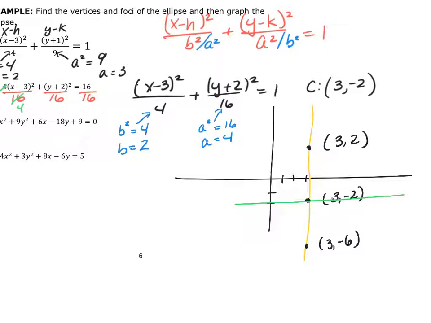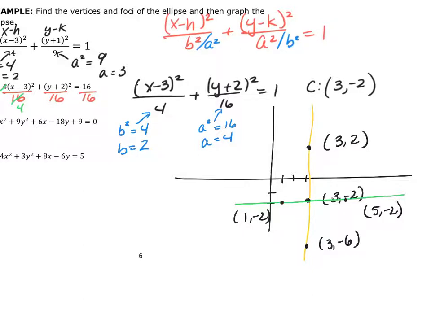My x value is changing. So I'm going to take that positive 3 and I'm going to subtract 2 or add 2. So my minor here is going to be the point (1, negative 2). My other one is going to be here, which is (5, negative 2). Any questions?